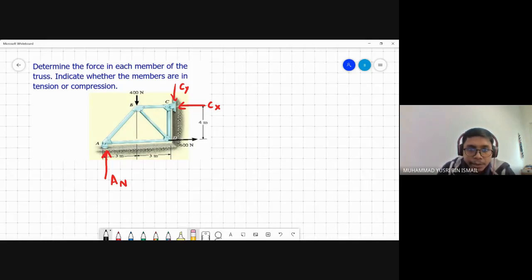So taking all the equilibrium, summation of Fx equal to 0. You do it for all of the forces. And then summation of Fy. So you will have a value of An. And then take the moment at C. Then you will be able to determine An.